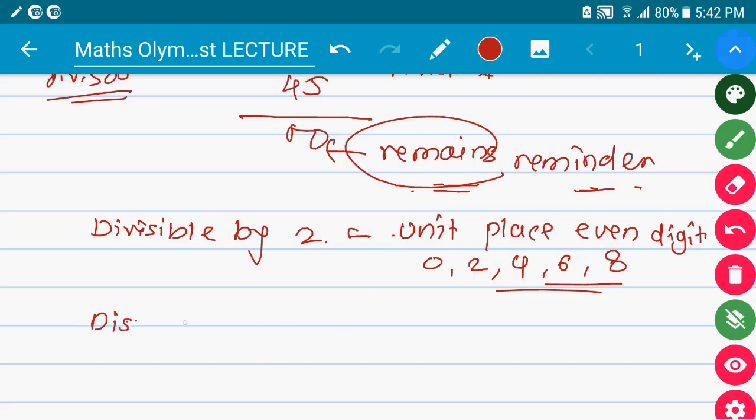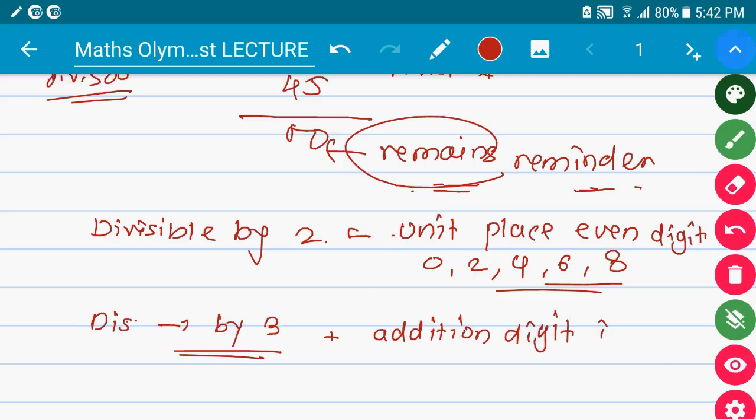The divisibility test for 3 is: if the sum of the digits is divisible by 3, then the number is divisible by 3.